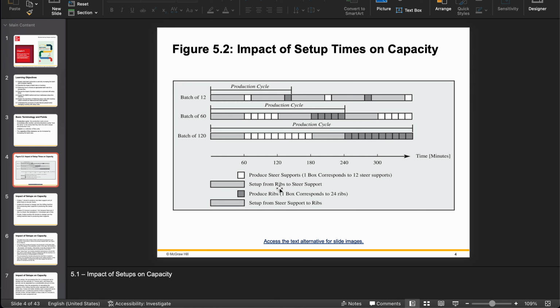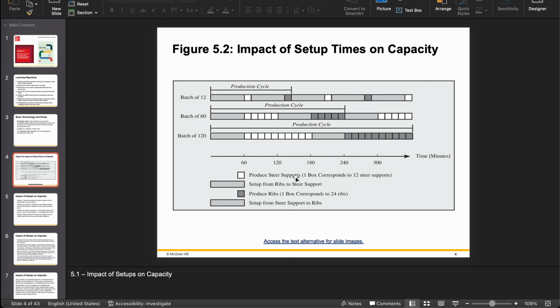Let's say that each zooter requires one steer support and ribs. You need 2 ribs per zooter and 1 steer support per zooter, right? So if you're producing a batch of 12, you'll produce 12 steer supports and 24 ribs.